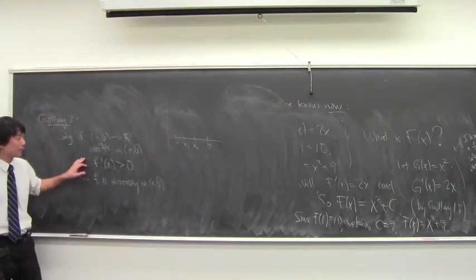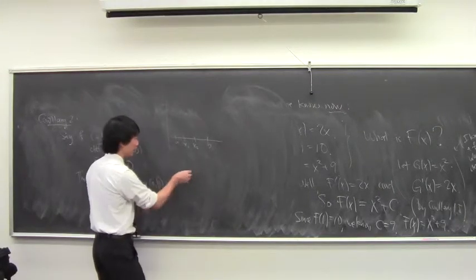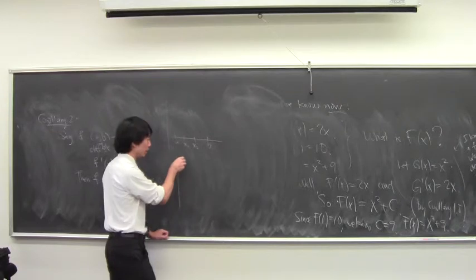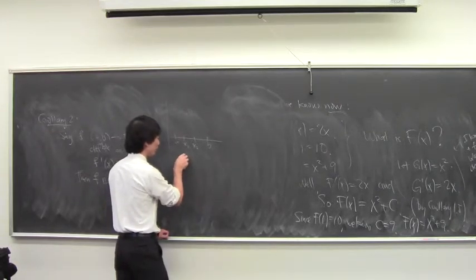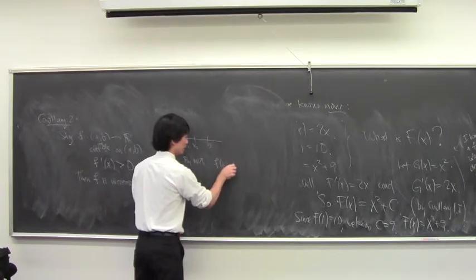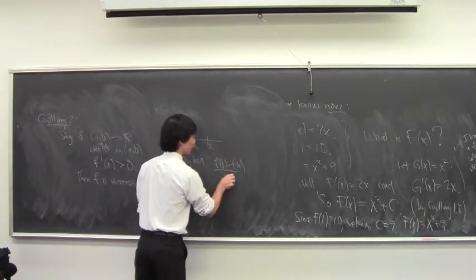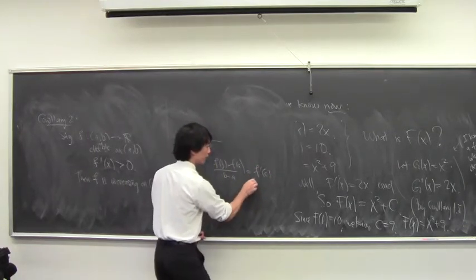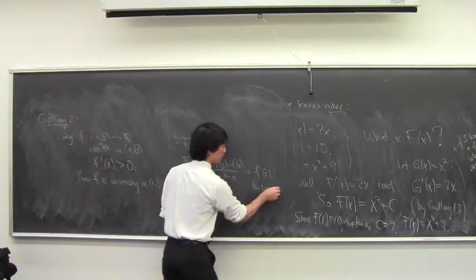Yeah, good. So you say, well, look, again, you're going to use the mean value theorem in reverse. By the mean value theorem, if I look at f of b minus f of a over b minus a, that's going to be the derivative somewhere, for some c in AB.